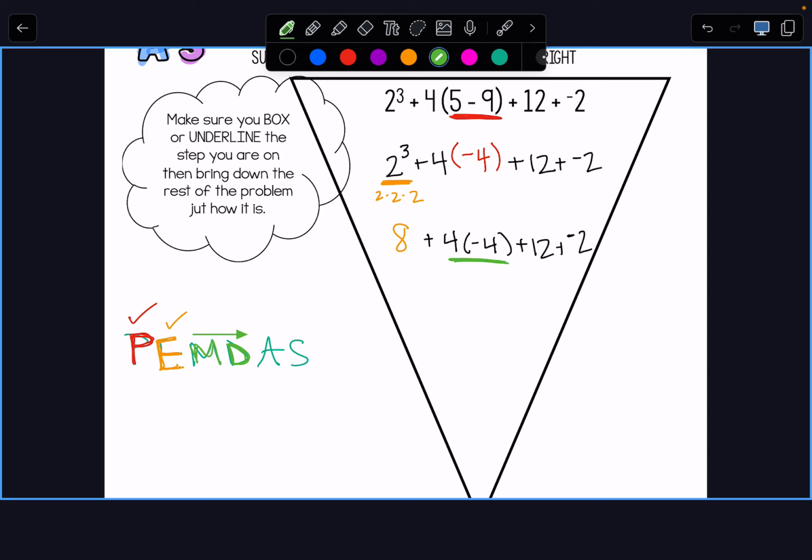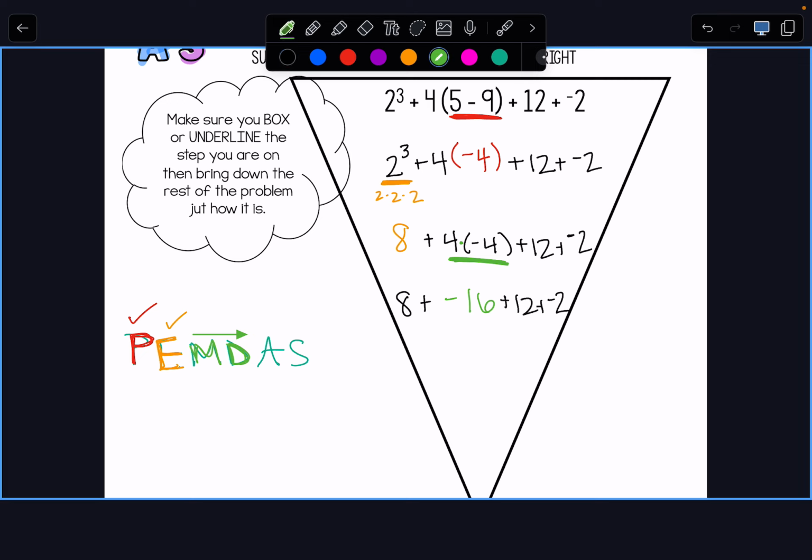Remember, we decided that there's a multiplication in between because of that parentheses there. Okay, so what is 4 times negative 4? We have negative 16. Now I'm going to copy down the rest. 8 plus negative 16 plus 12 plus negative 2.